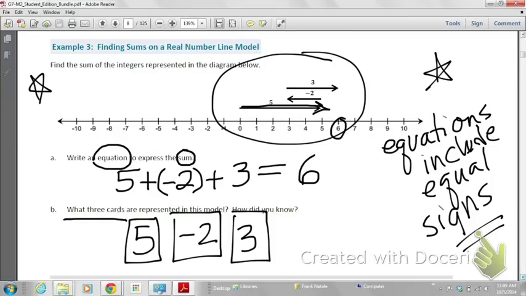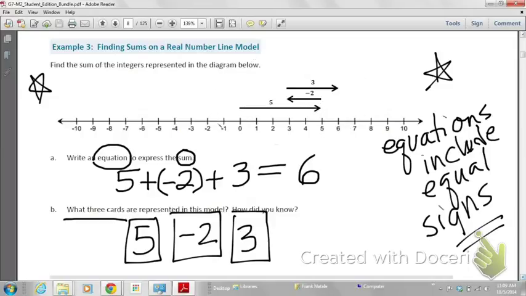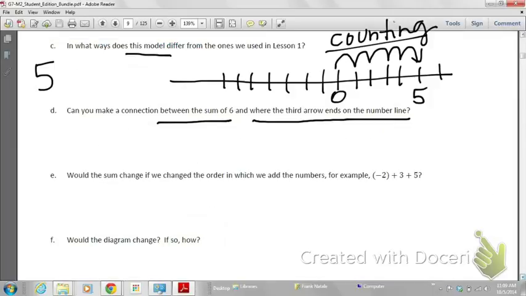The connection is that that is the total, that is the sum, because the last arrow ends at +6, our final position. So wherever your final arrow ends, that should be the sum of your problem.